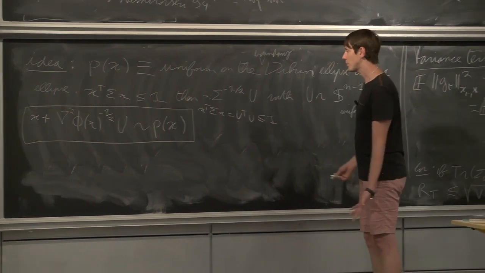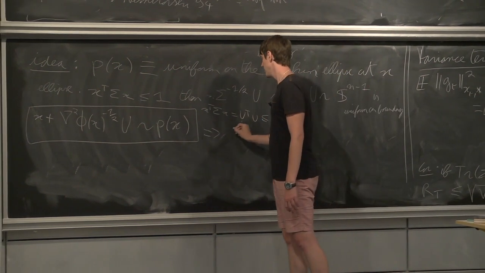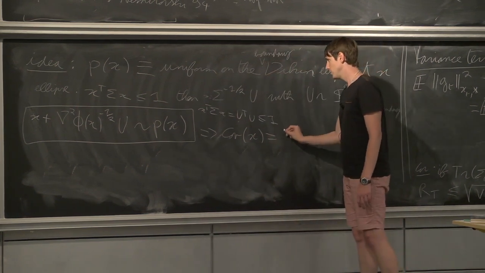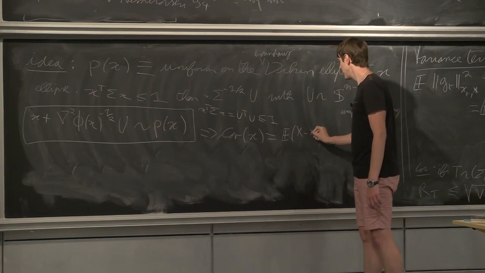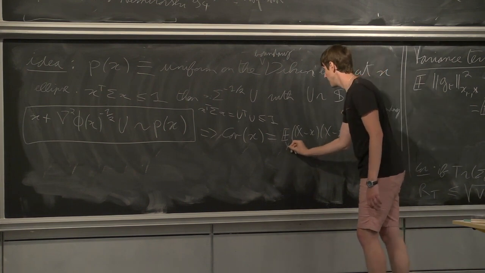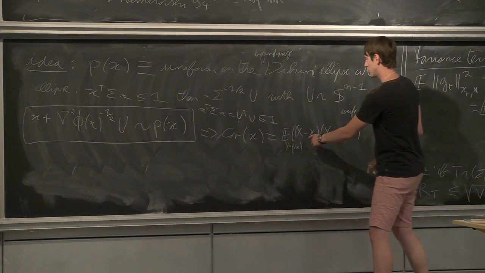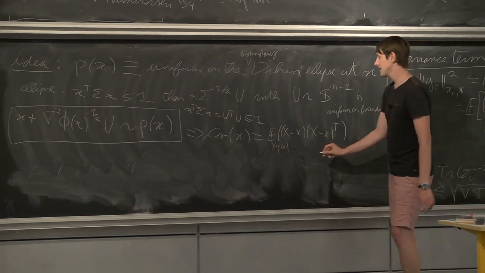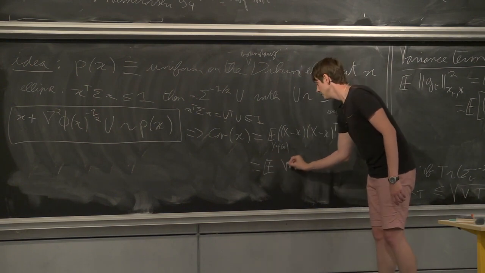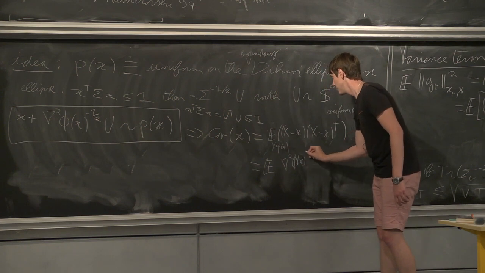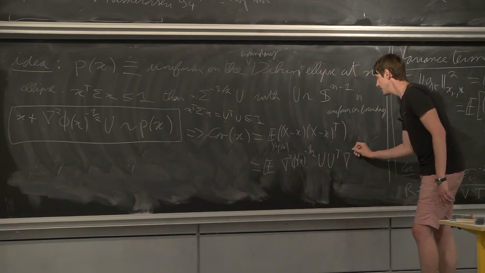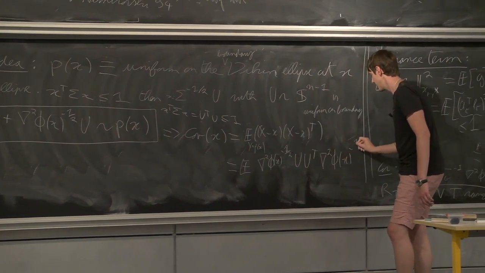So now I can look at what is the covariance. The covariance at x is the expectation of (y minus x)(y minus x) transpose when y is sampled from P of x. So the little x cancels. I get the expectation of the Hessian of phi at x to the minus 1/2 times U U transpose times Hessian of phi at x to the minus 1/2.